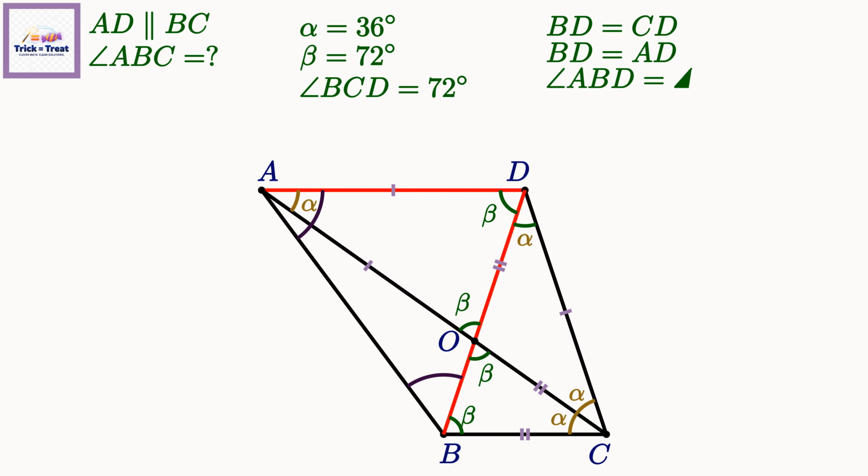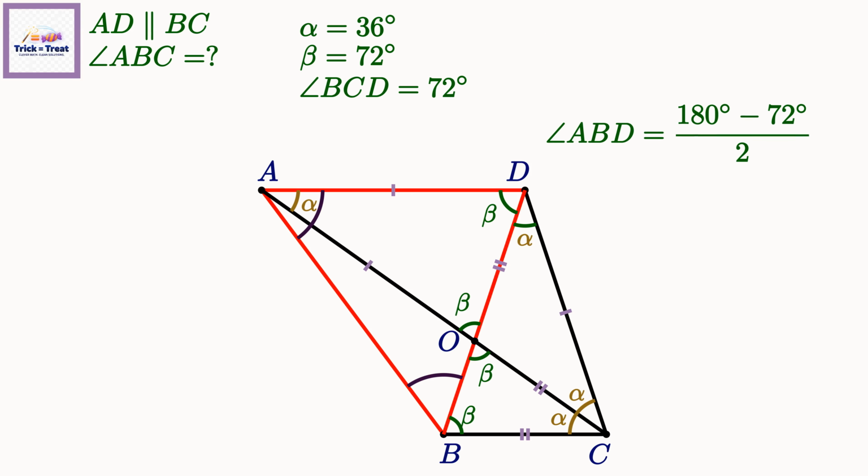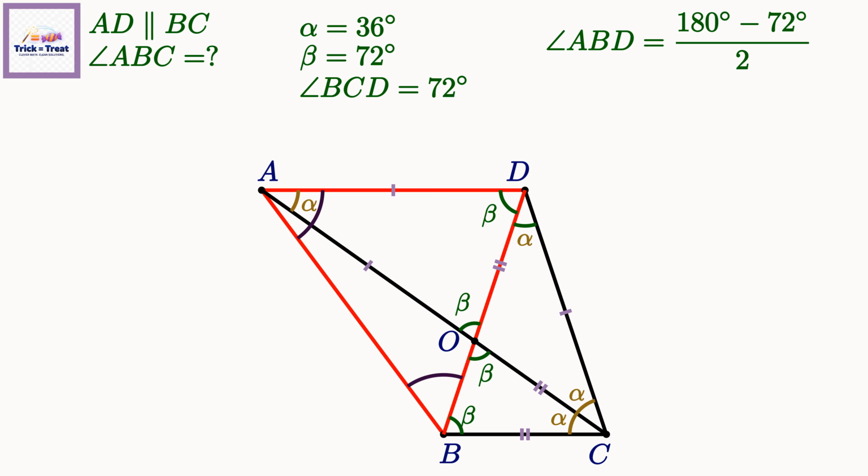Thus, angle ABD equals angle BAD. In triangle ABD, angle ABD equals (180 degrees minus 72 degrees) over 2. A little bit of calculation, we get angle ABD equals 54 degrees.